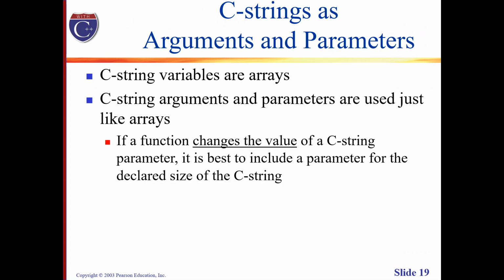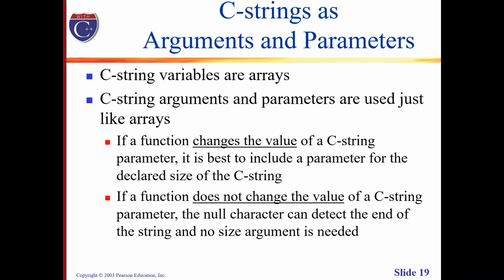If a function changes the value of a C-string parameter, it is best to include a parameter for the declared size of the C-string. Otherwise, if a function does not change the value of a C-string parameter, the null character can detect the end of a string and no size argument is needed.